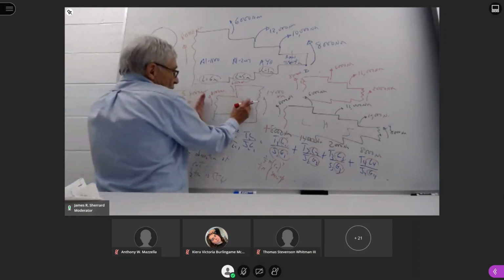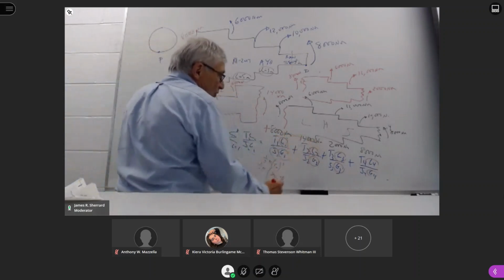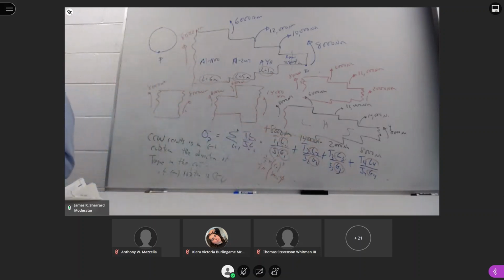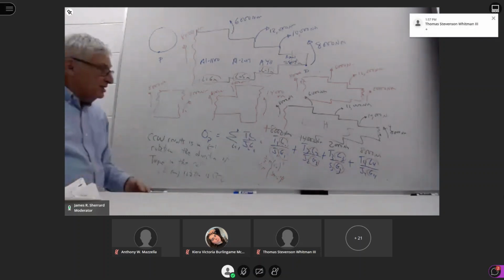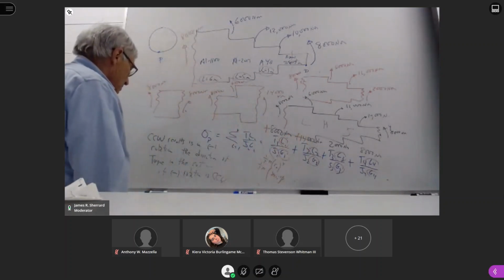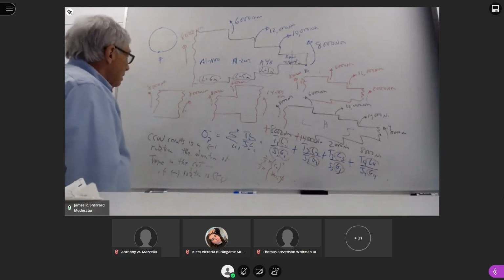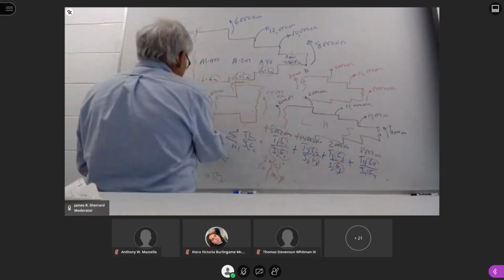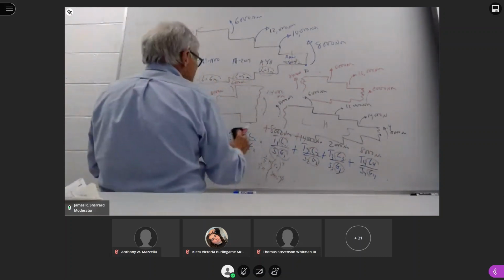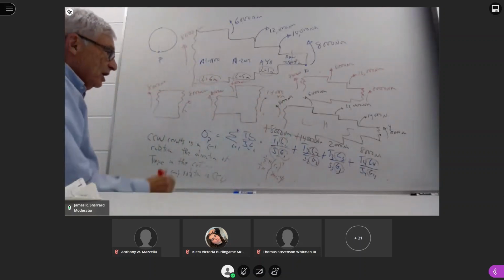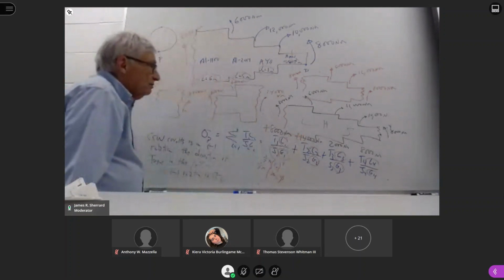If we go to this second one, we know the numerical value is 14,000. What is the sign going to be here? Plus or minus, and why? That's right. It's going to be plus again, so that's positive.